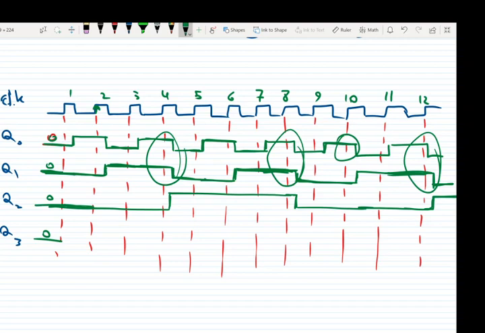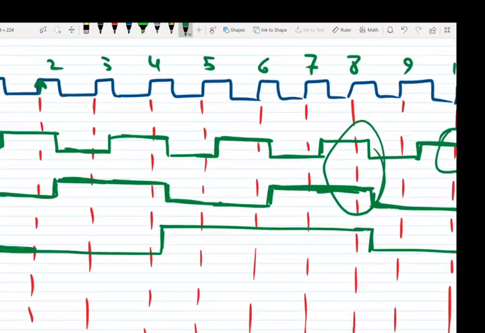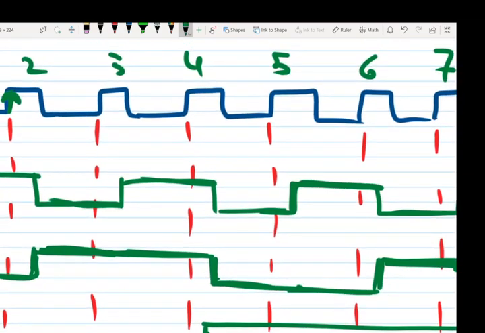So you see that without propagation delay, this circuit won't work. Because of the propagation delays, we can zoom in and see that at the rising edge of cycle 4, Q0 is 1.